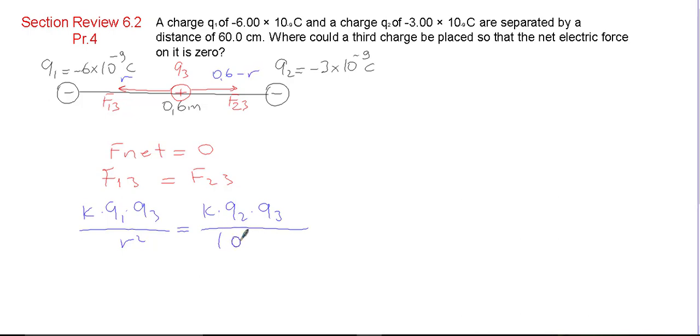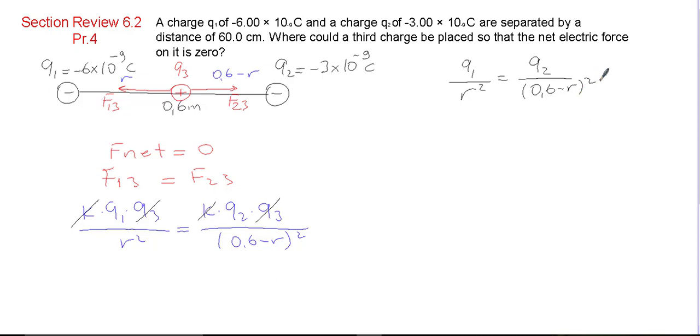So I will say 0.6 minus r, squared. Again, there are some cancellations here before calculation. We can cancel k from both sides. We can cancel q3 from both sides. So let's write the equation again. q1 over r square is equal to q2 over (0.6 minus r) square.